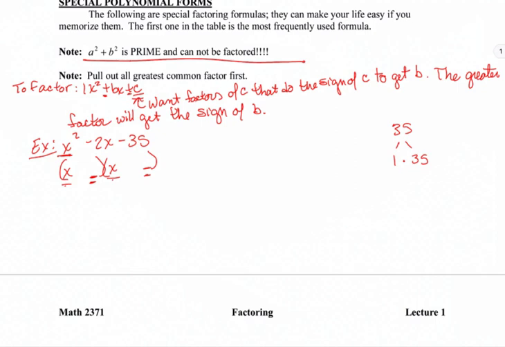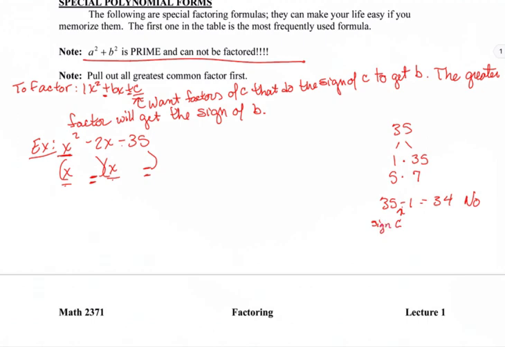There's no 2's, 3's, or 4's, and then I get 5 times 7. I'm going to take 35 minus 1, and that's 34.